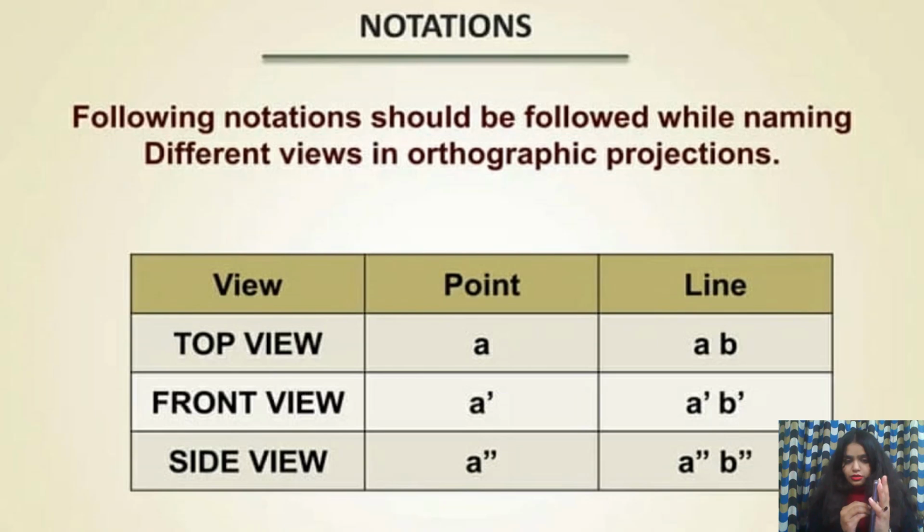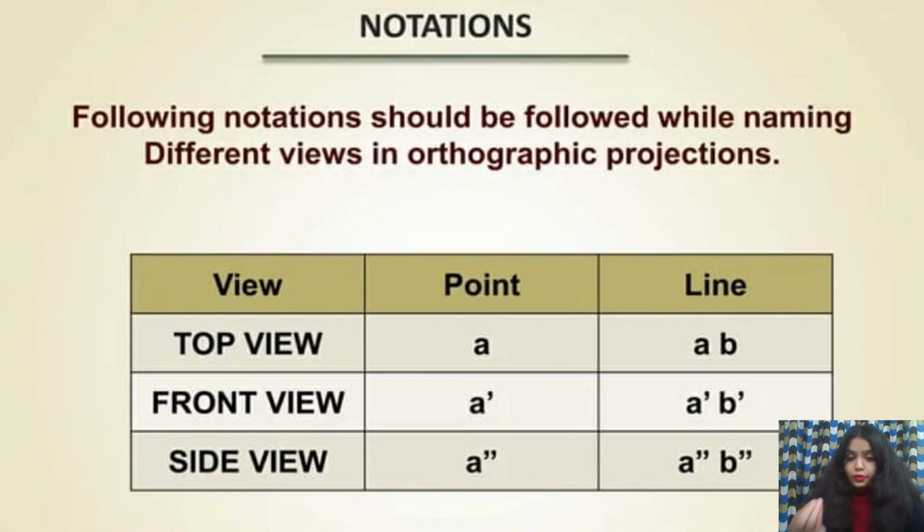If you are seeing it from the top, this is your top view. If you are seeing it from the side, it is the side view. Now you would be clear. Now you have to draw this on the sheet. So how would the engineer know whether what you have drawn on the sheet is the top view or the front view?